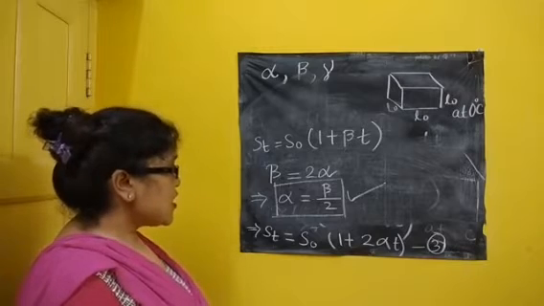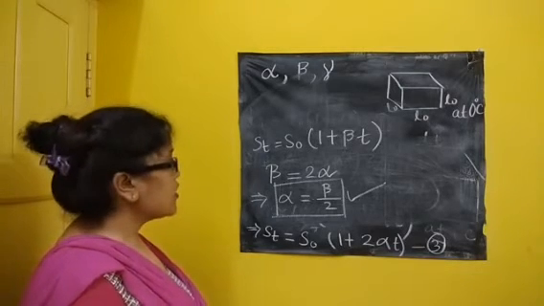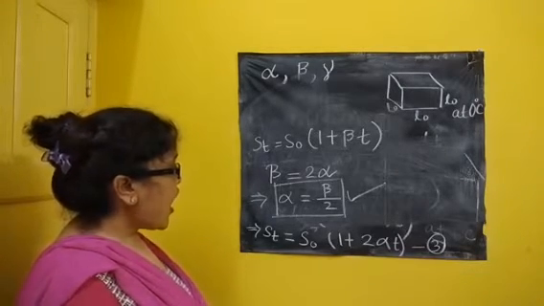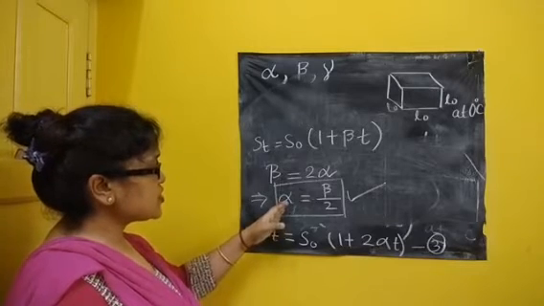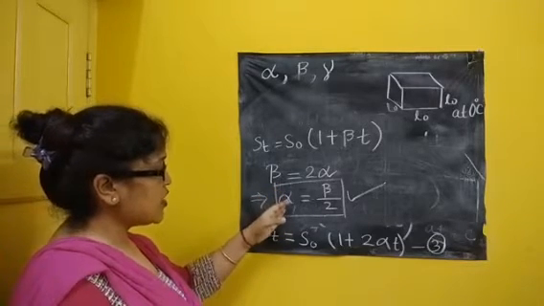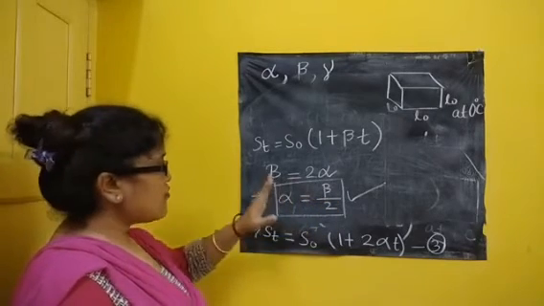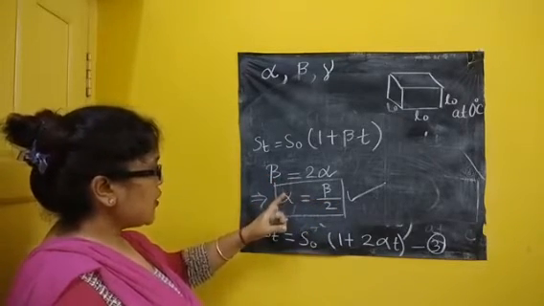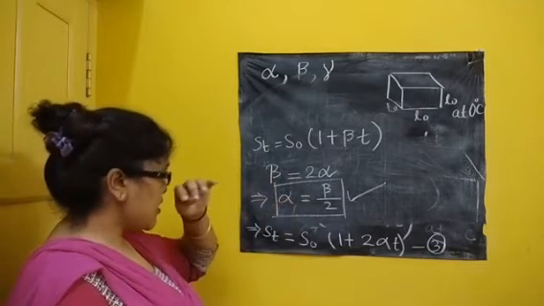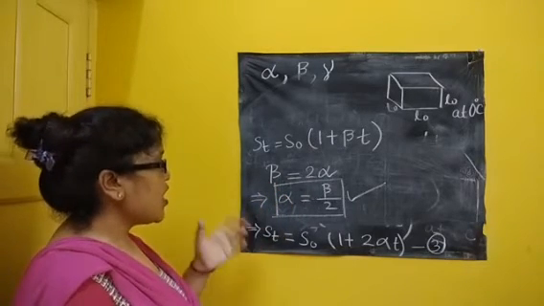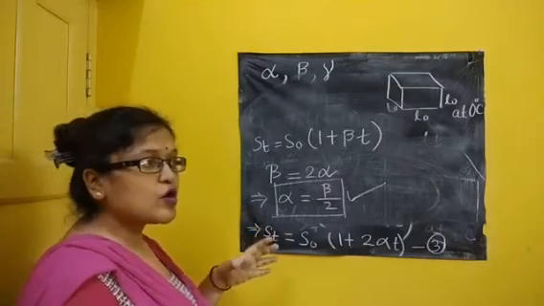Means if alpha is 10, beta will be 20. Alpha is 10, beta will be equal to 20.